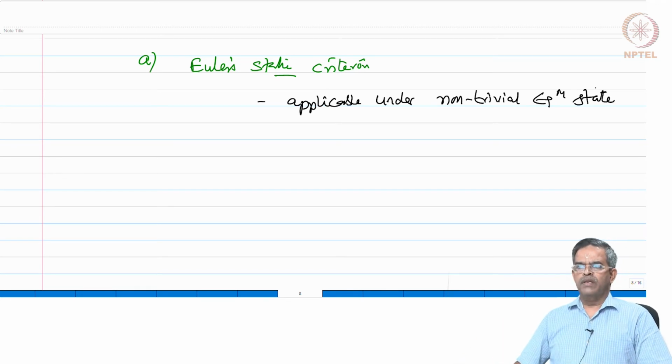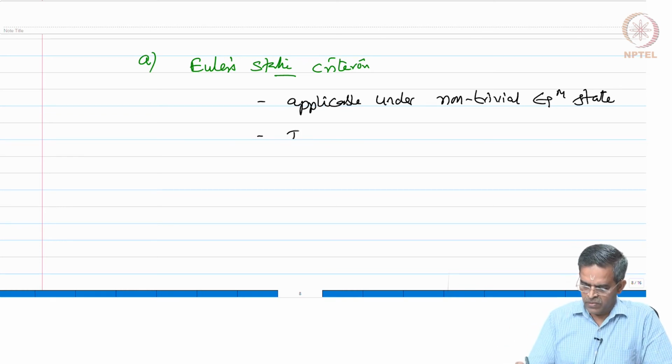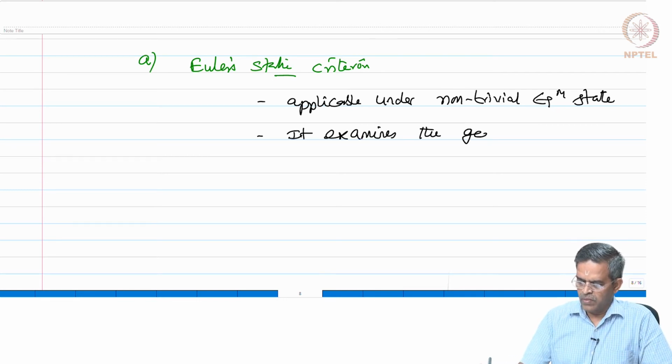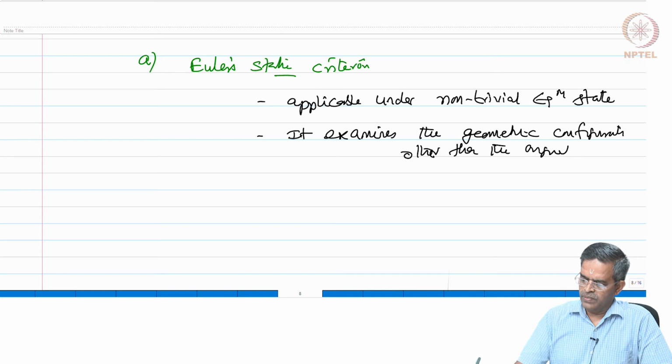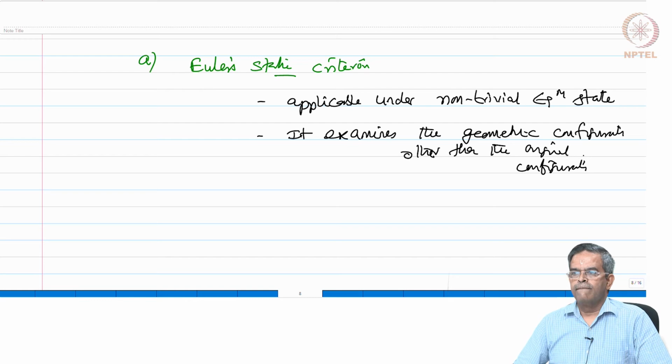It evaluates the stability of a structural system by examining the optimum geometric configuration of the system other than the original configuration. So, what is the new system it is examining?